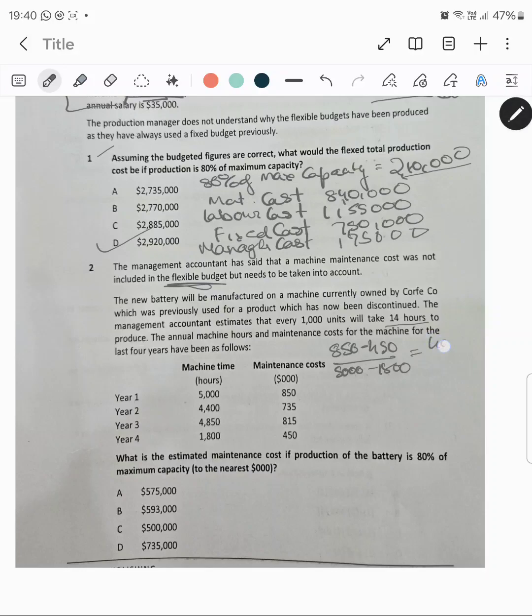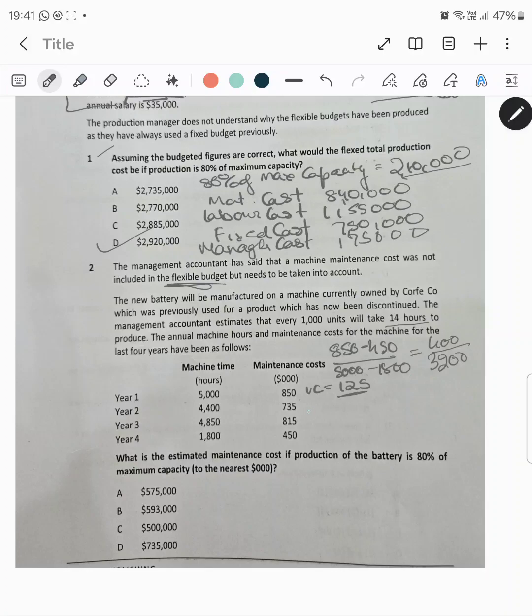This is 400, and this is 3,200. So 400 divided by 3,200 is 0.125, and I'll convert it into thousands. So my variable cost is 125. If my variable cost is 125, what is my fixed cost?